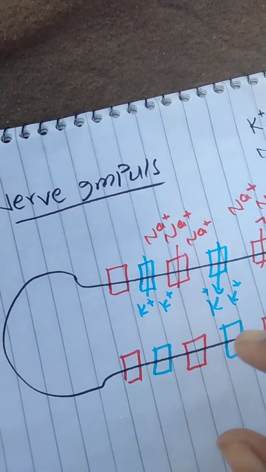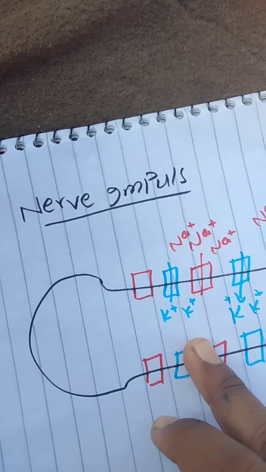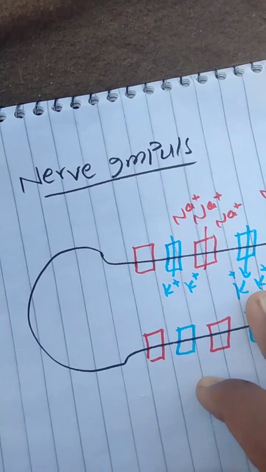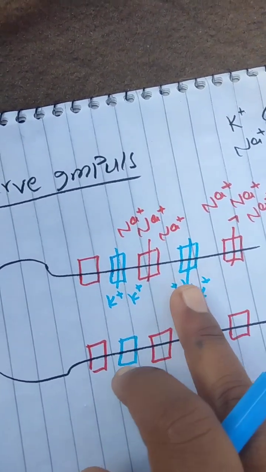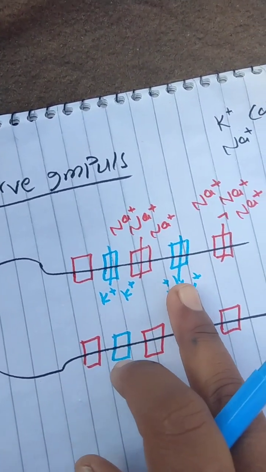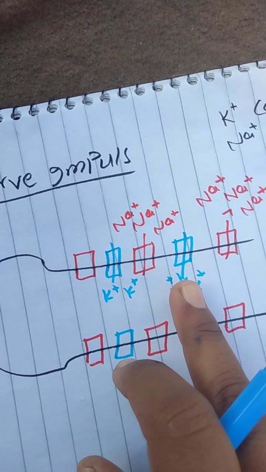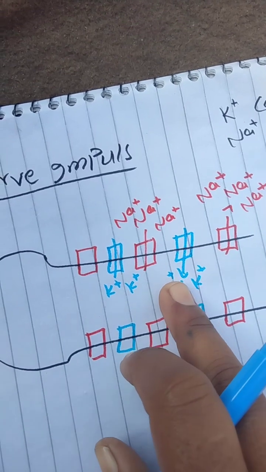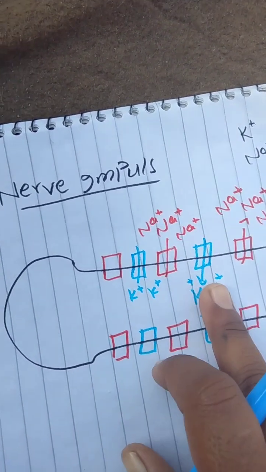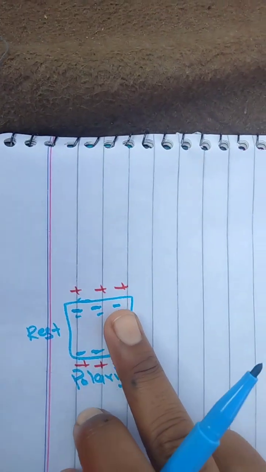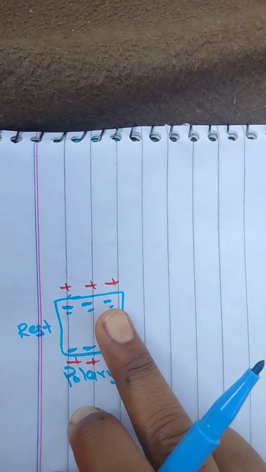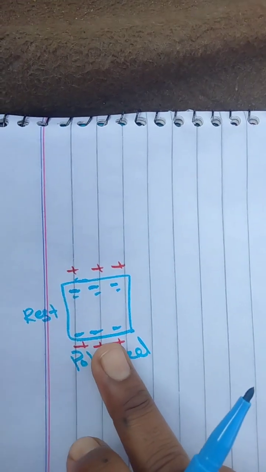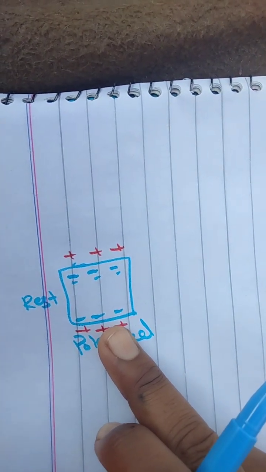So here a nerve impulse is not generated, because the cell is more negative, entirely negative, because the number of positive ions is less inside the nerve cell as compared to the outside. So the nerve cell becomes negative inside and positive outside, and the cell is in rest condition.